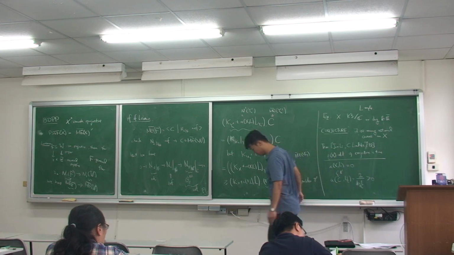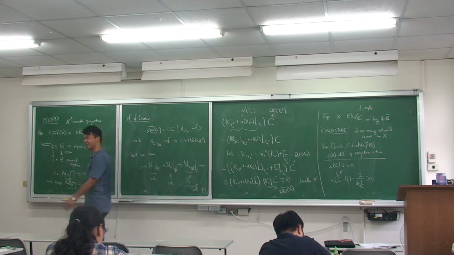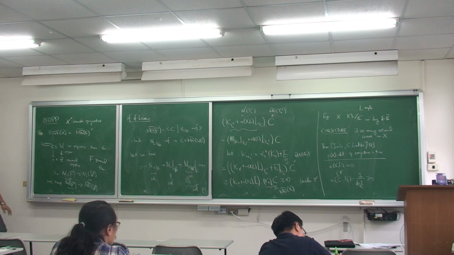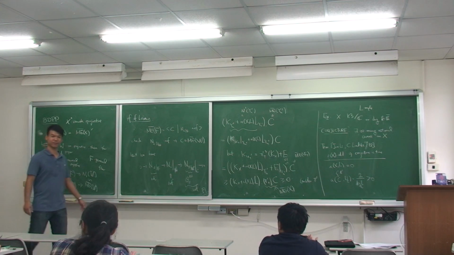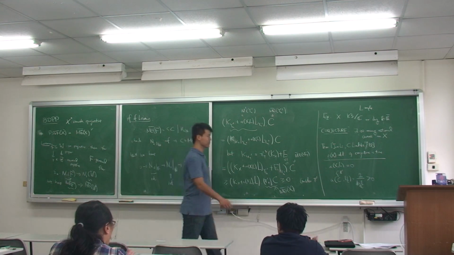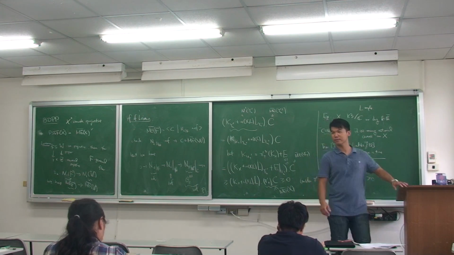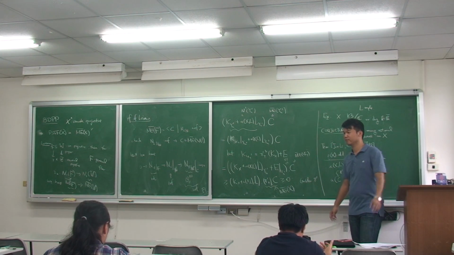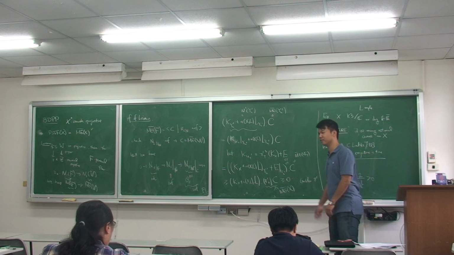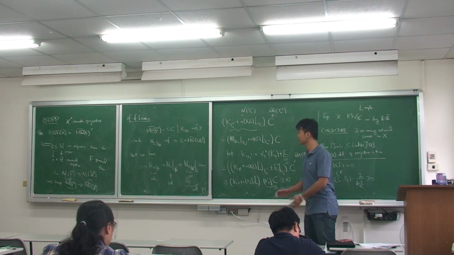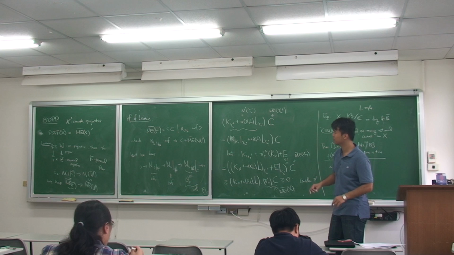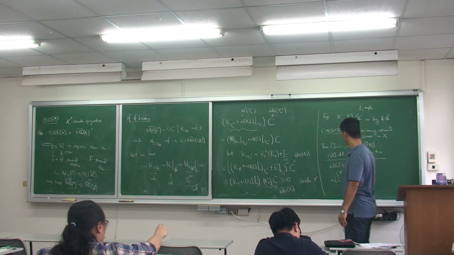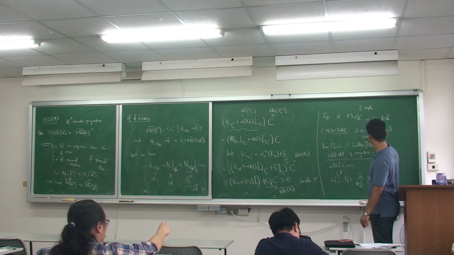So that's it. So I'll stop here. Any questions or comments? So this C is one of these rational curves.